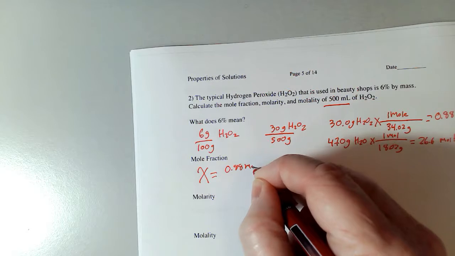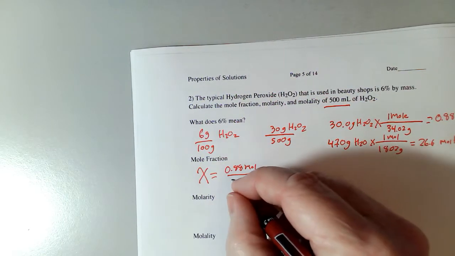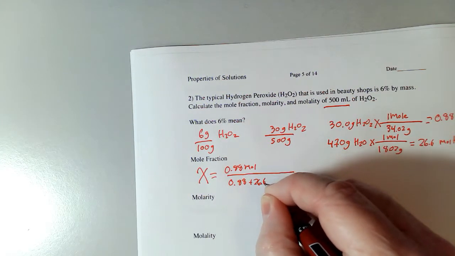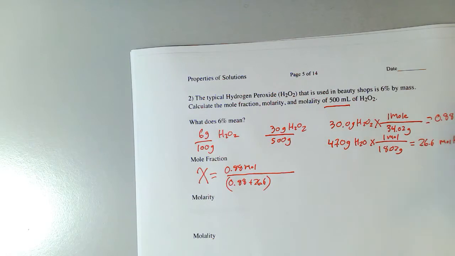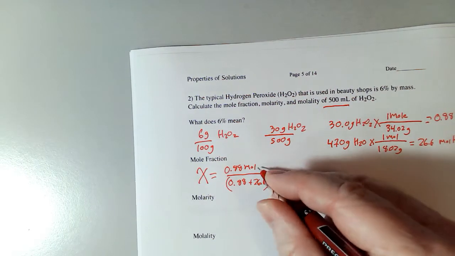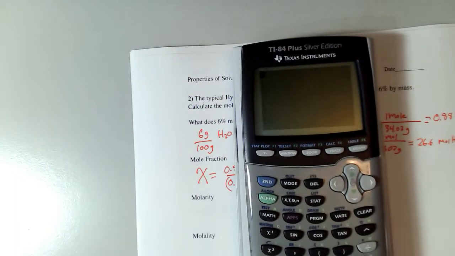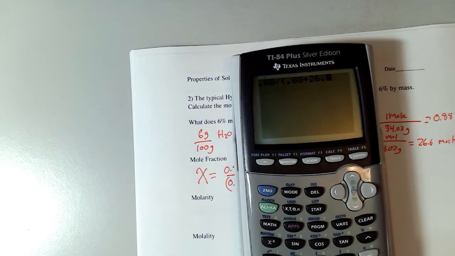Okay. So to find the mole fraction, 0.88 moles. This is the mole fraction of the peroxide. I could do the mole fraction of the water also. Over 0.88 plus 26.6. Okay. Moles cancels. So 0.88 divided by parentheses 0.88 plus the 26.6.